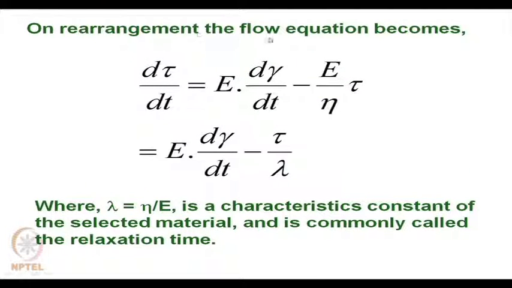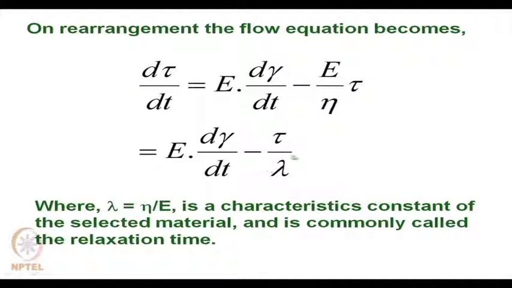On rearrangement of that equation, the flow equation becomes d tau/dt = E d gamma/dt - (E/eta) tau, which is equal to E d gamma/dt - tau/lambda.